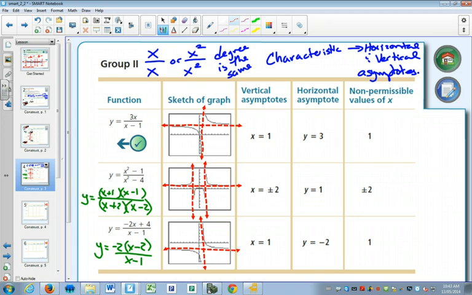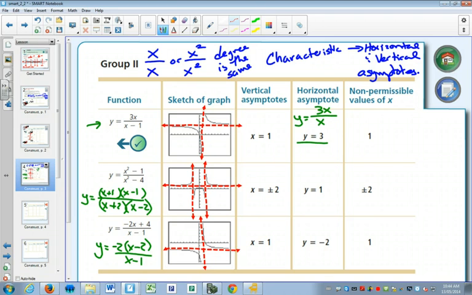And that's basically what's happening in an equation like this first one. If x is in the thousands or the millions, will subtracting 1 on the bottom really make a big difference? No. So what we do is we sort of ignore all of the stuff that doesn't go with the highest degree. So here, the highest degree on the top was a 3x. The highest degree on the bottom is an x. And if you simplified 3x over x, you would just get 3, and that becomes your asymptote.